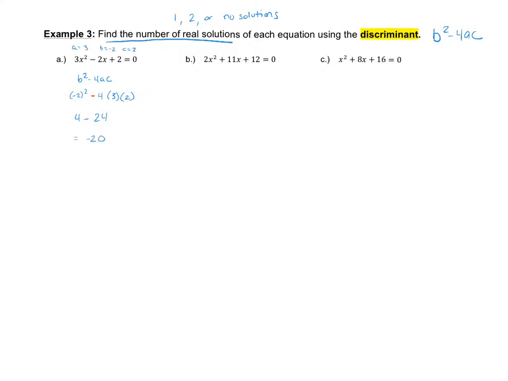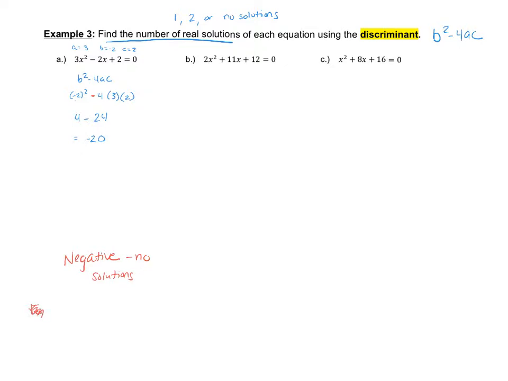Now remember, I'm supposed to be saying if I have 1, 2, or no solutions. So the way that you know that is if your answer results in a negative number, you would have no solutions. This makes sense because in the quadratic formula, the b squared minus 4ac would have been underneath the square root, and you wouldn't be able to take the square root of negative 20. It would give you no solutions.